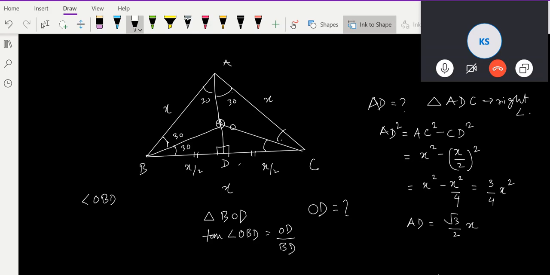OBD, 30. So tan of 30 degrees is equal to OD over, what is BD? X by 2. Right? What is tan 30? Tan of 30.